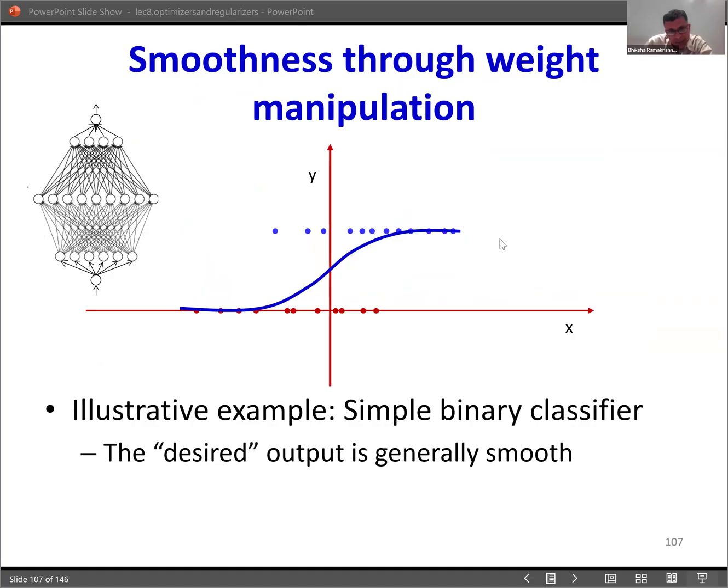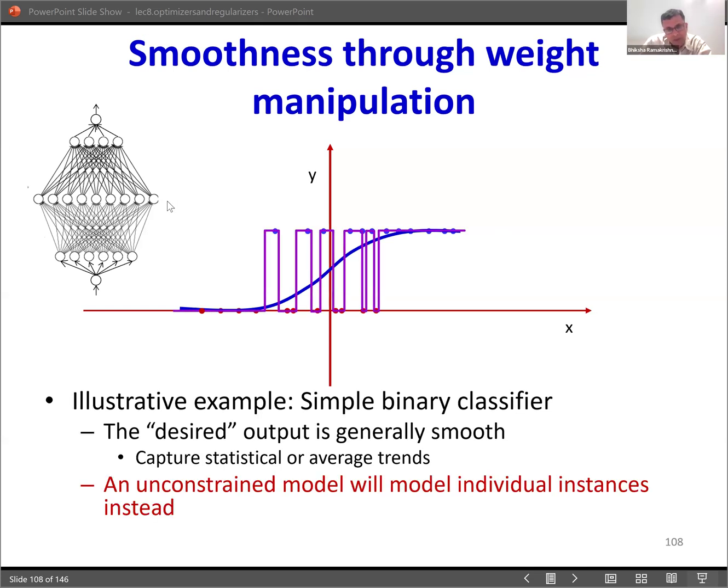So if these reds and blues are your training data, ideally what you'd want is a curve like the blue curve, right? Where you say that here things are confused, but out on the edges, they are more deterministic. But because a network of this kind has so much capacity, there's nothing stopping it from learning the purple curve.